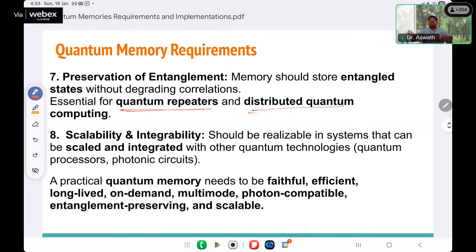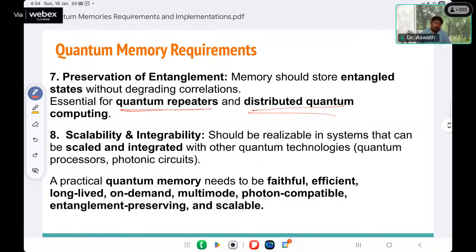Many quantum nodes, which are processing units, QPUs, if I have to put them all together and do a very large task, I need communication and distributed computing between them, which is only possible if I have a quantum memory that allows me to do that based on entanglement.